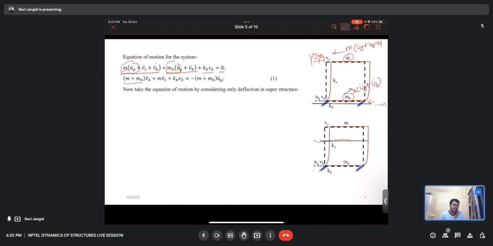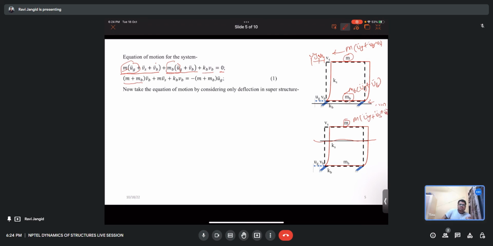If I cut the superstructure here, my mass is deflected by mass times u_g double dot plus v_s double dot, and also v_b double dot, because there is the overall deformation, no? v_b double dot.